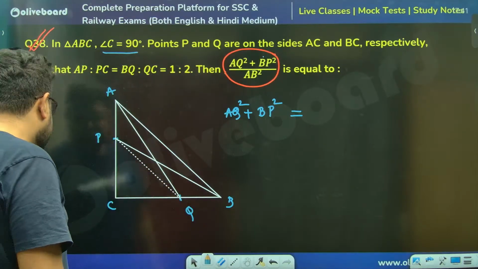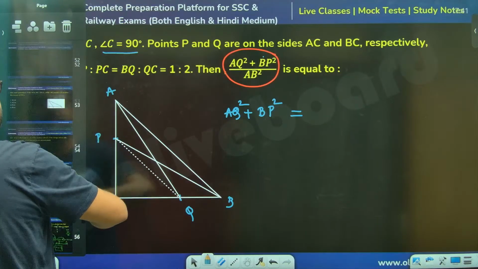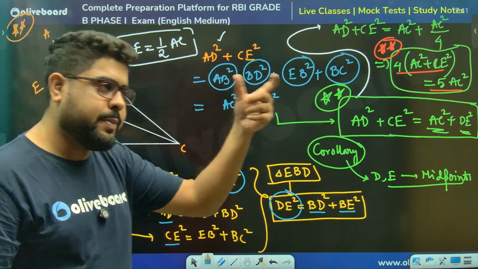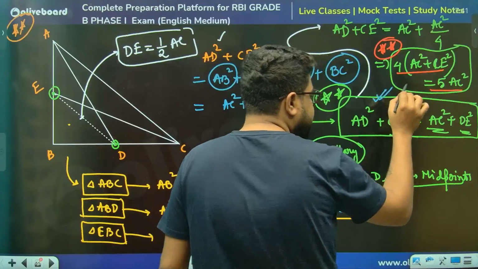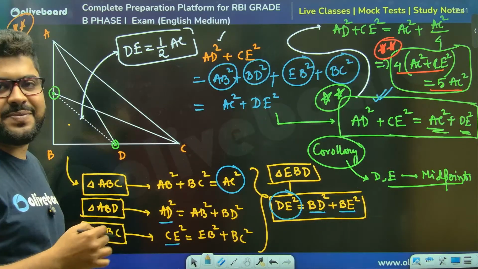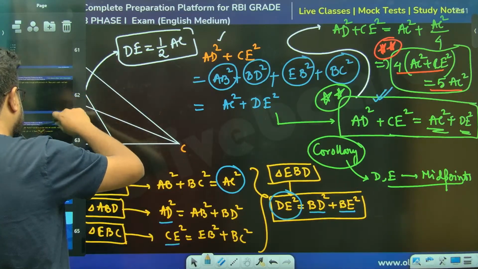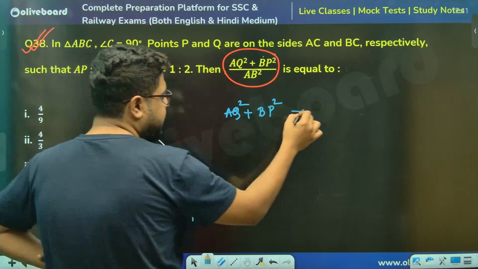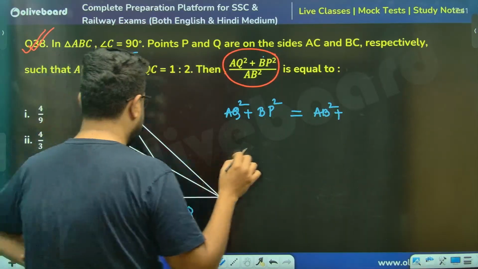And rings any bells, sir? It rings, and that is not a midpoint because they have given 1:2. So this is equal to the bigger one square plus the smaller one square. That means in that diagram, this will be the bigger one square, that is AB square, plus the smaller one square, that is PQ square.